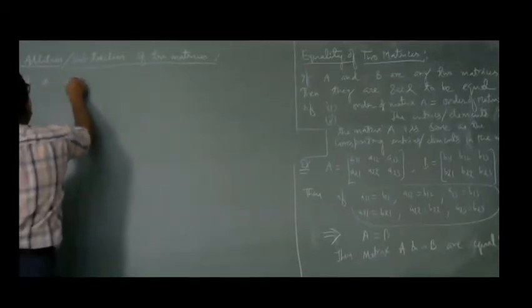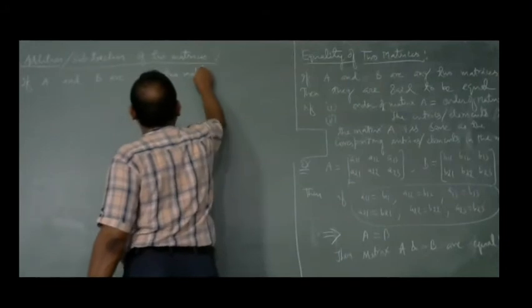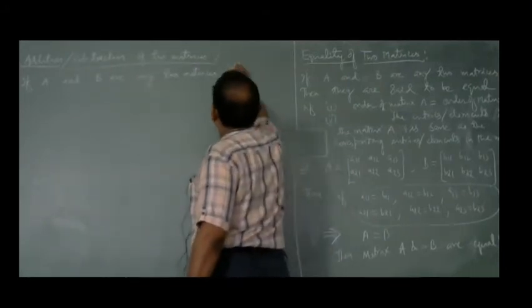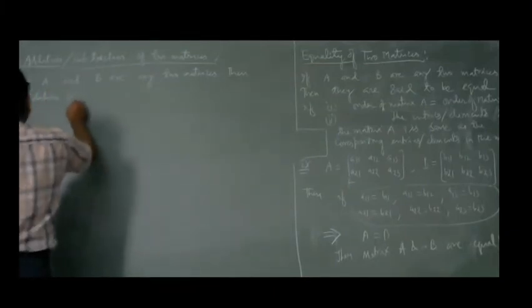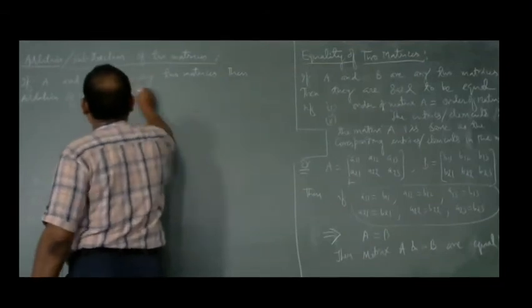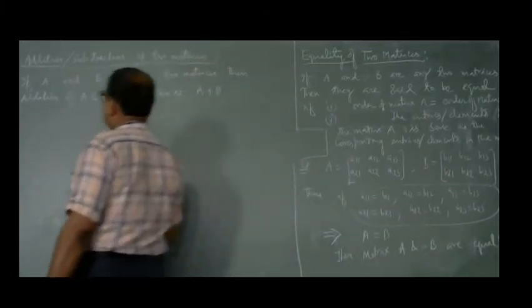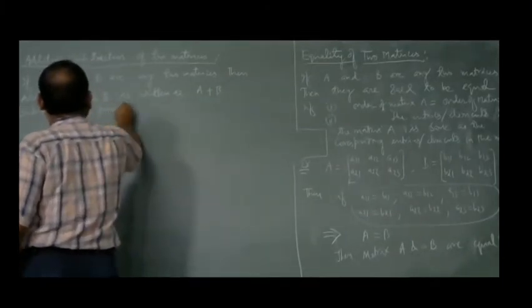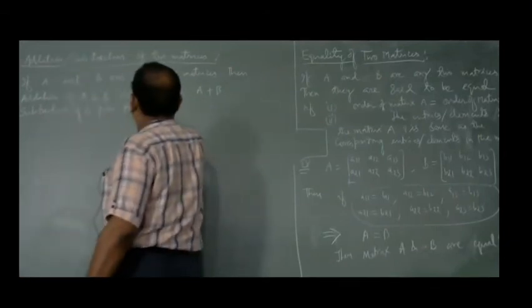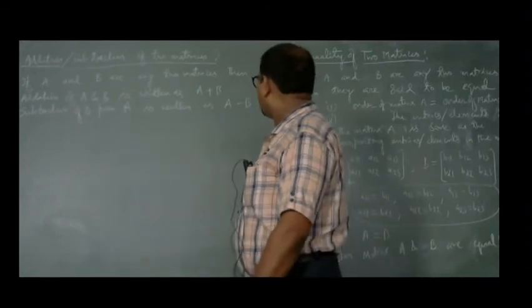If A and B are any two matrices, then addition of A and B is written as A plus B. Subtraction of B from A is written as A minus B.